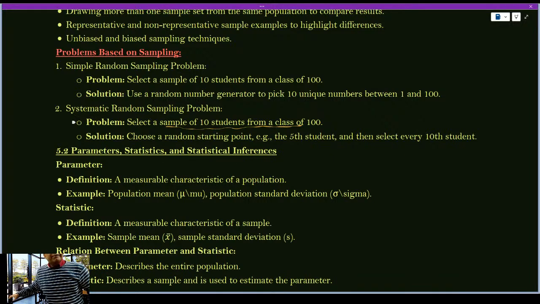Then parameter, already I told you, whatever is related to that parameter of the experiment is called population mean, that mu we take, population standard deviation, sigma we take. This I told you earlier also. What is statistic? This is a measurable characteristic of a sample.